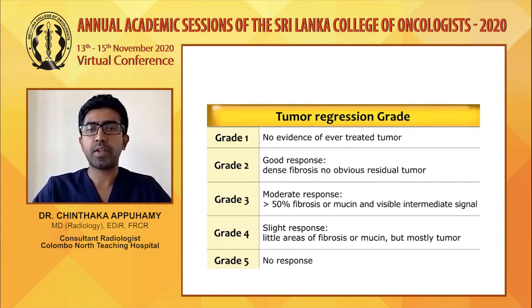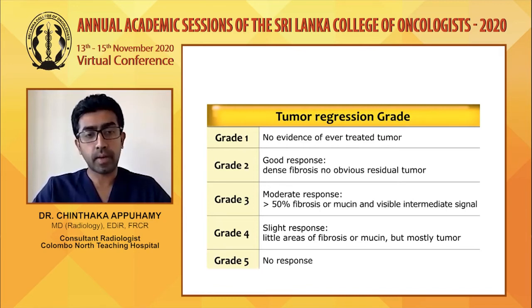So the tumor regression grades. Grade 1, when there is no evidence of treated tumor. Grade 2, good response, that is dense fibrosis with no obvious residual tumor. Grade 3 is moderate response, more than 50% of fibrosis or mucin and visible intermediate signal.